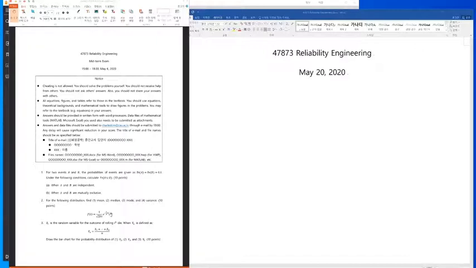Other students recognized that the initial intention was to provide the probability density function for the log normal distribution, changed this to log of t squared, and then provided all the answers for the four questions.